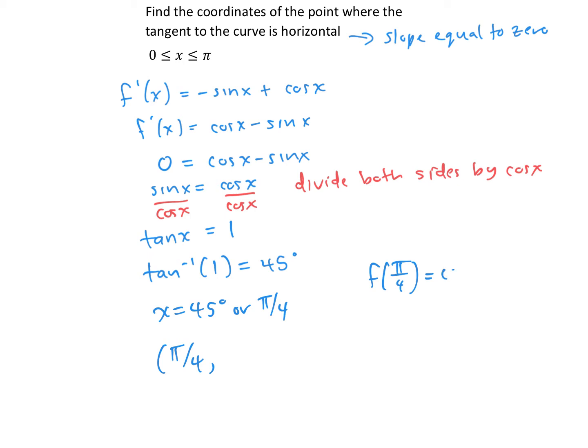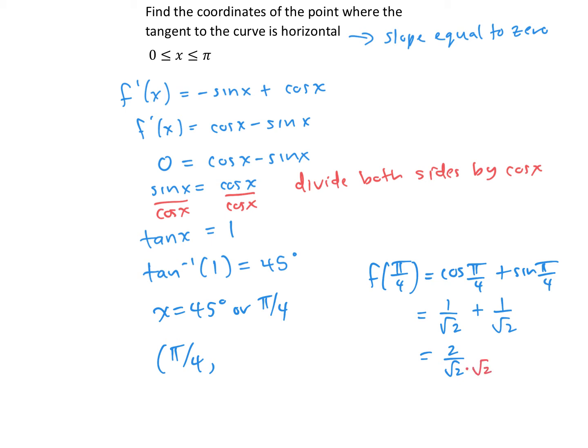So it will be cosine pi over 4 plus sine pi over 4. If you think of your special triangles, cosine of pi over 4 has an exact value of 1 over root 2, and so does sine pi over 4. And so we get 1 over root 2 plus 1 over root 2 is 2 over root 2. I believe they rationalized the denominator.